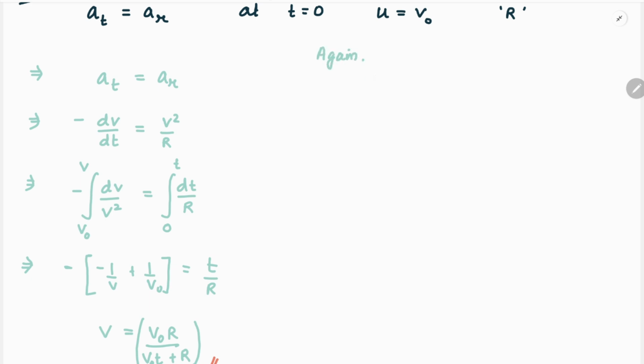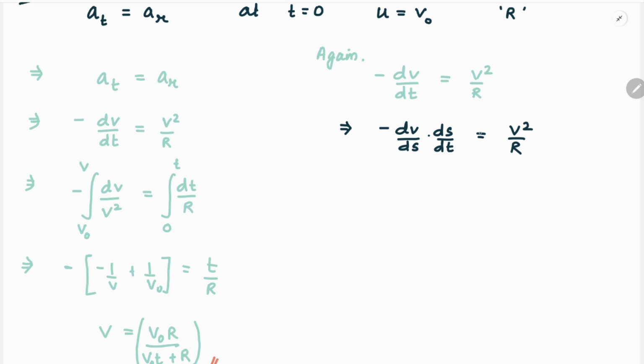We write minus dv by dt equals v square upon r. Now the problem wants us to solve it in terms of the distance covered. So if we introduce the distance parameter here, we are using the chain rule. We write this expression as dv by ds dot ds by dt equals v square upon r.